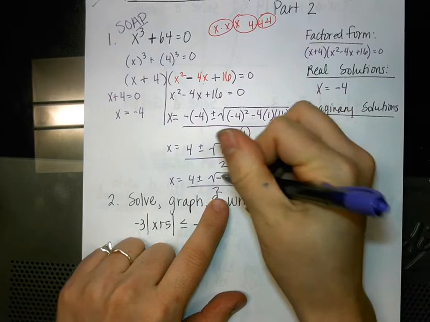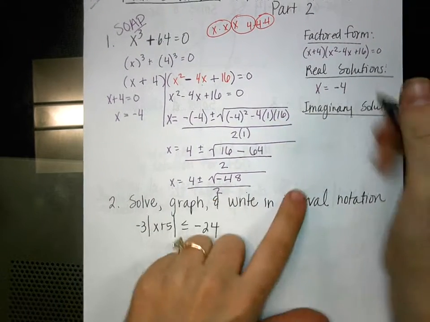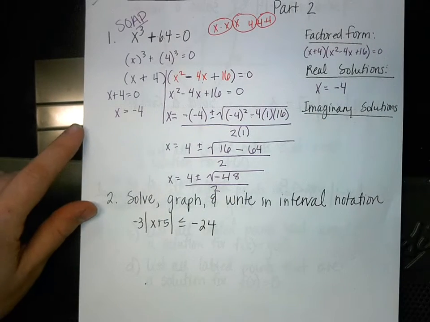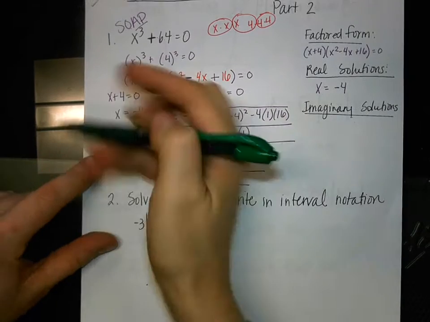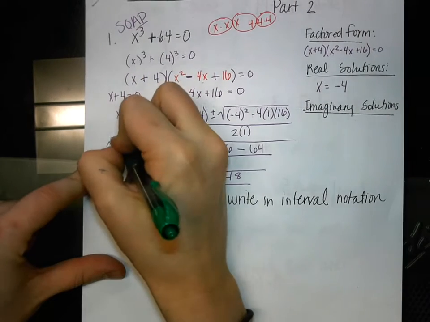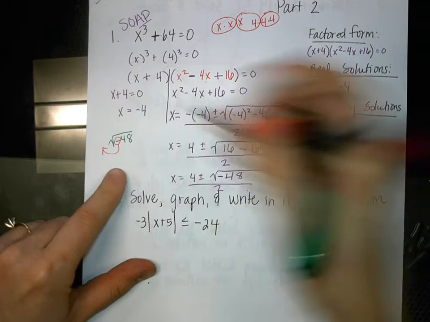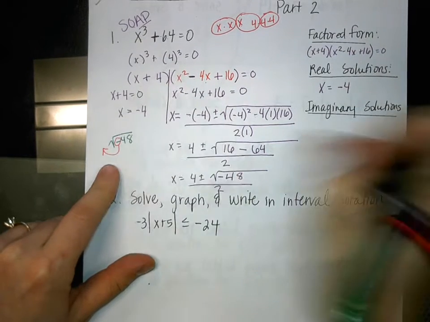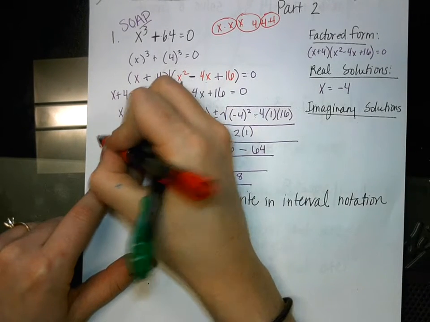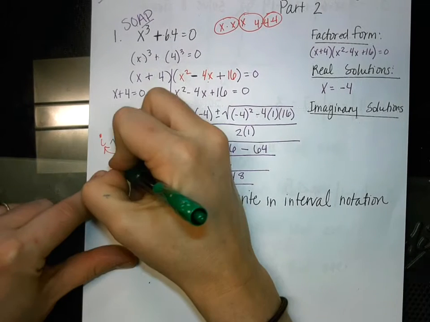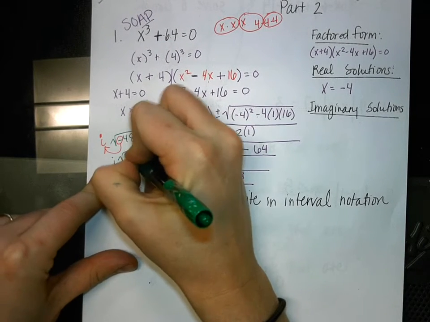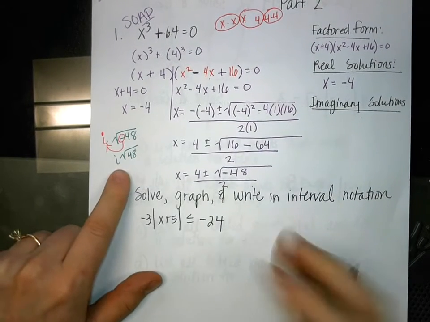I'm going to factor the negative 48. So we'll do that on this left-hand side where I have some more room. So first of all, the negative means if I get a negative under a square root, that gives me an imaginary number. So this is really i root 48.